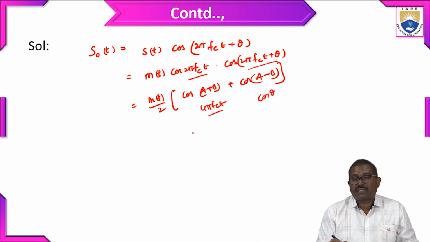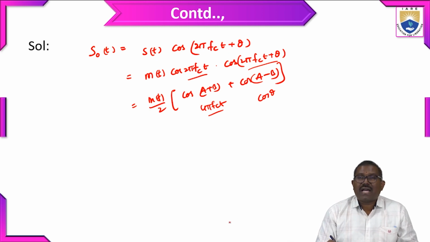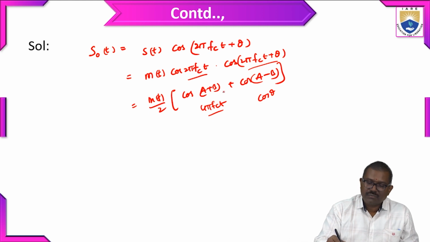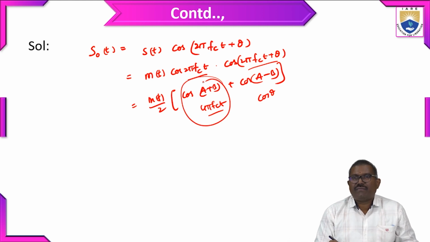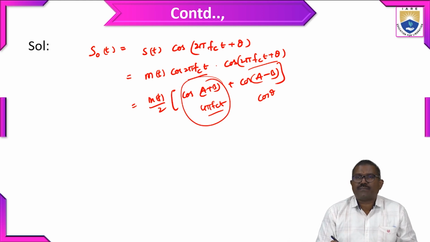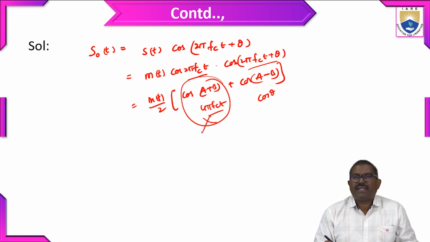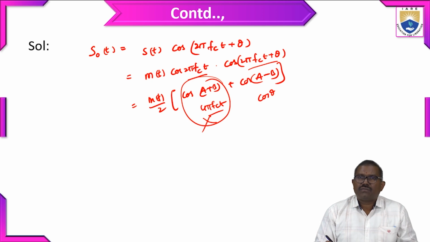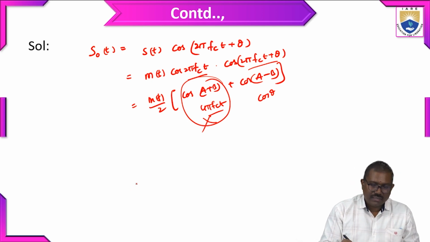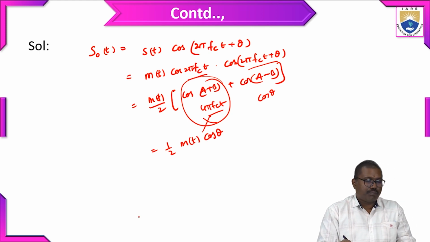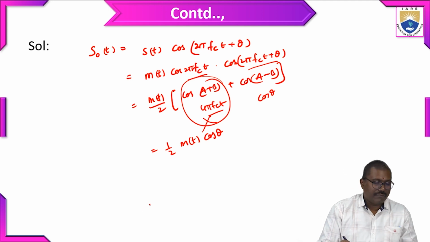This total product will pass through the LPF. What is the LPF's duty? The LPF rejects the high frequency term. The first term, 4πfct, is high frequency, so it is eliminated by the LPF. So only 1/2 m(t) cos θ is passed through the LPF.